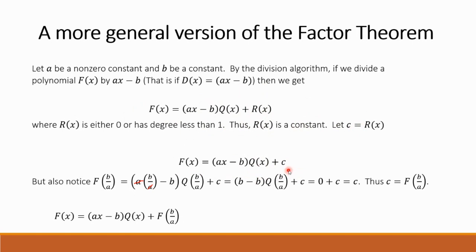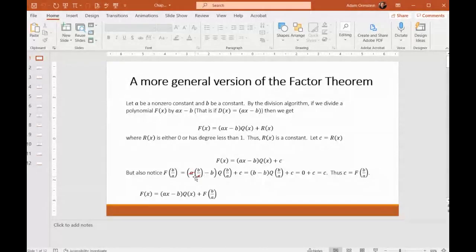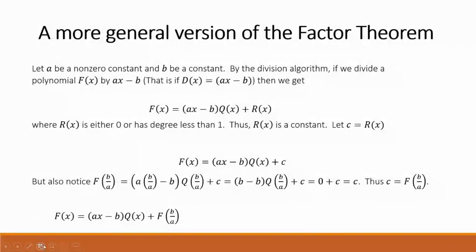But can we figure out what that constant c is? Well, yeah, we can actually figure that out, just like when we considered the remainder theorem from earlier, it's the same idea. What if I replace x with b over a?